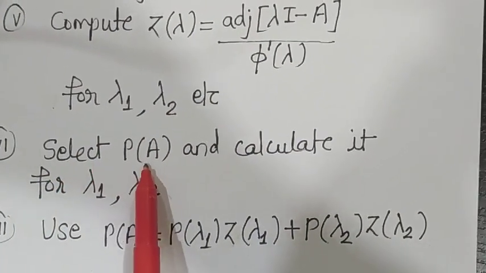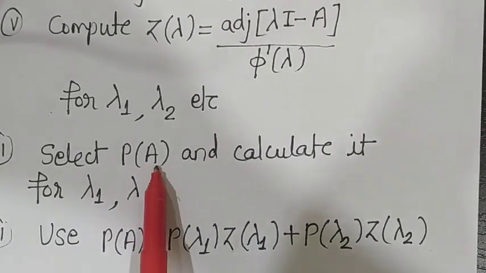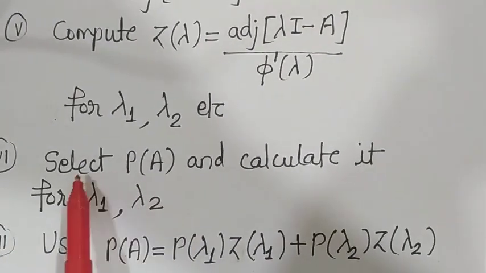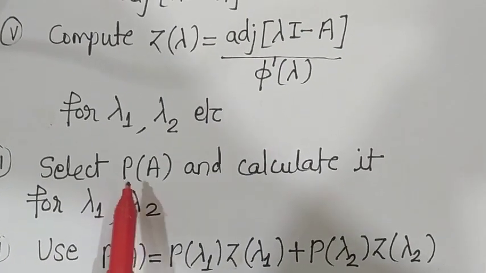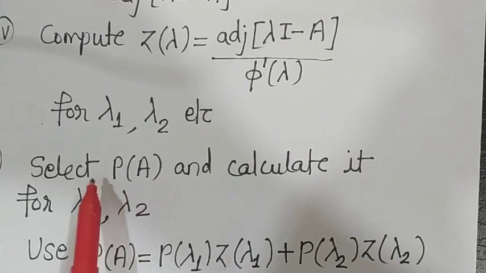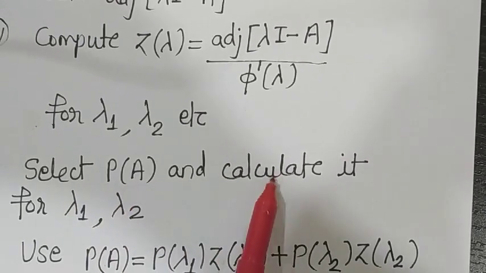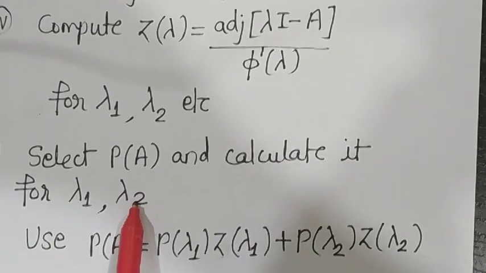Then select P of A. P of A is nothing but the polynomial given in the problem, or the quantity which we have to find out in a particular example, and then we will find it for lambda 1 and lambda 2.